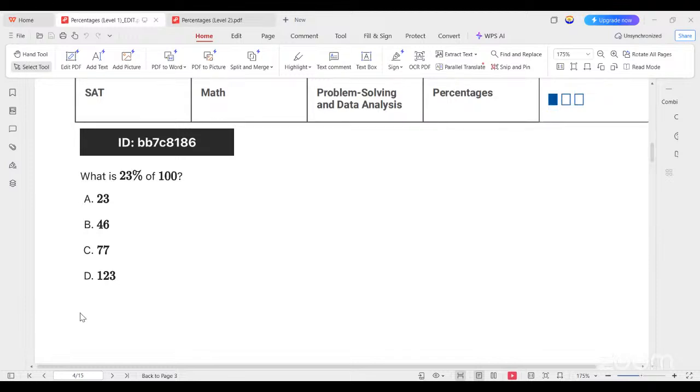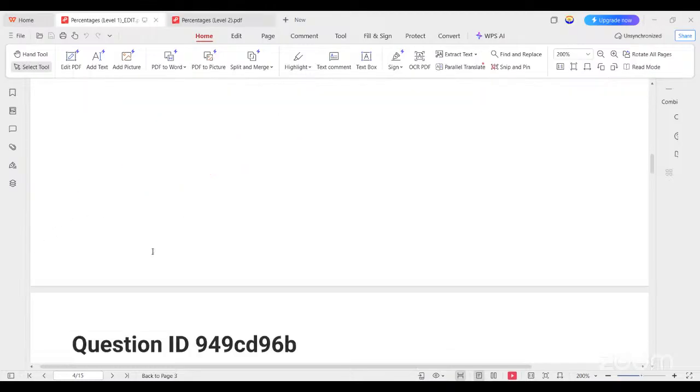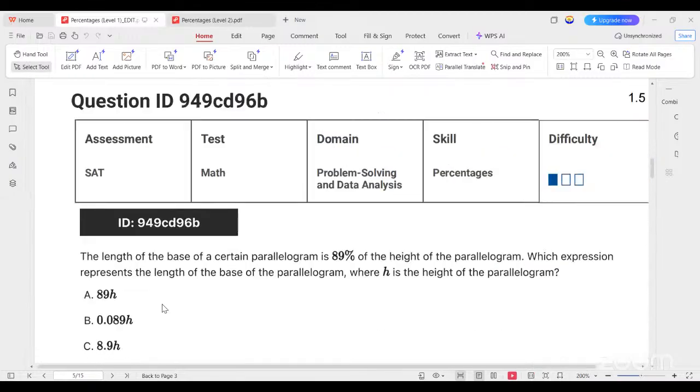Next, this is straightforward. The meaning of percent: 23% of 100 is just 23, nothing more. Very simple question.